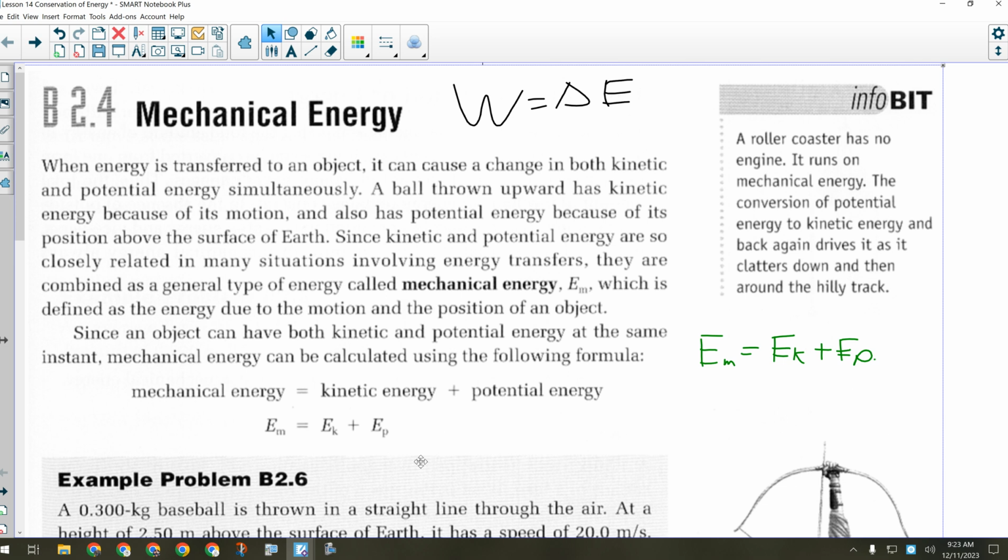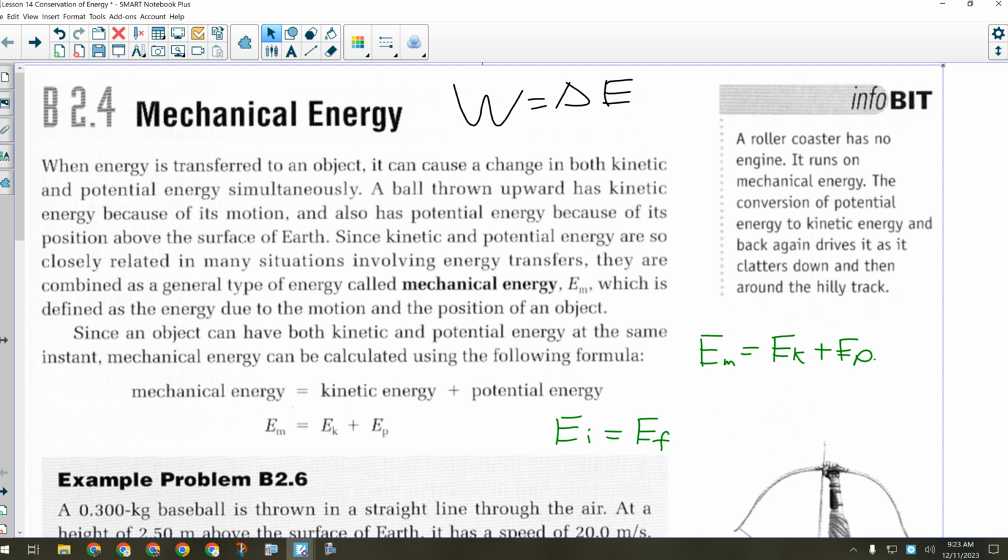And we just said that through the entire flight of an object up and back down, its mechanical energy doesn't change. So that means that in any perfect energy conversion, the initial energy and the final energy are equal.